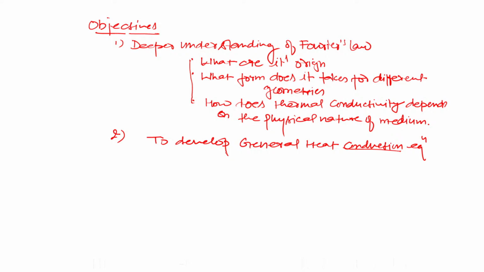Differentiating it with respect to x will give you the gradient, and once I know the gradient, then we can find the heat flux. Yes or no? These are the two major objectives of this chapter.